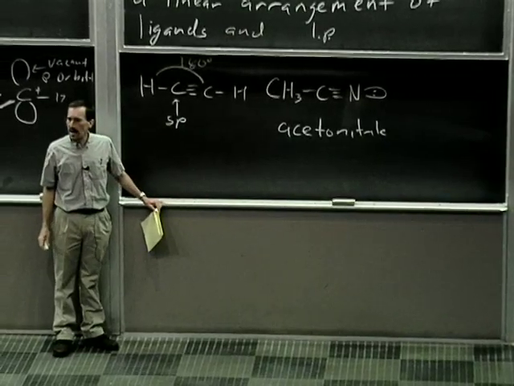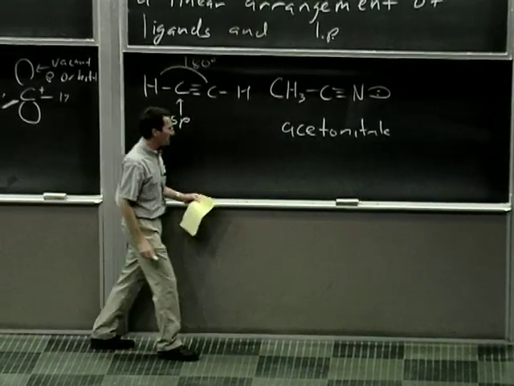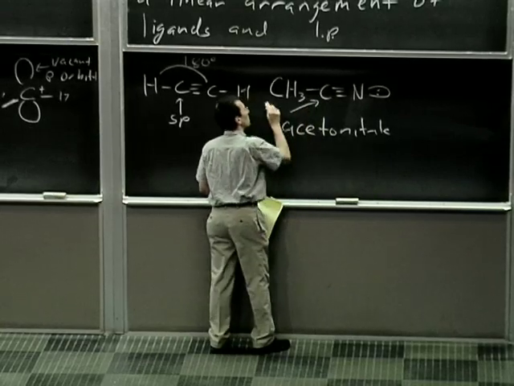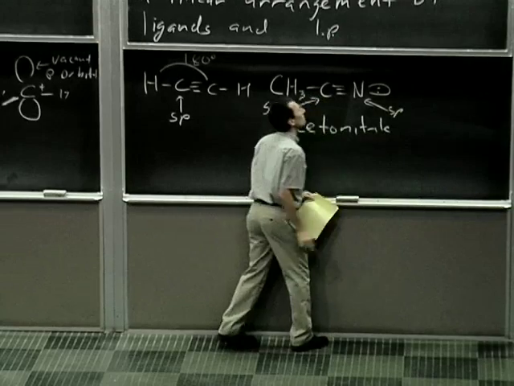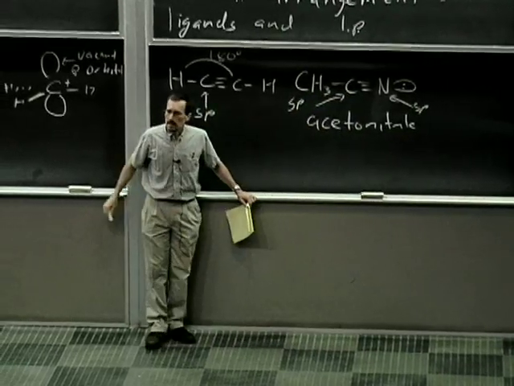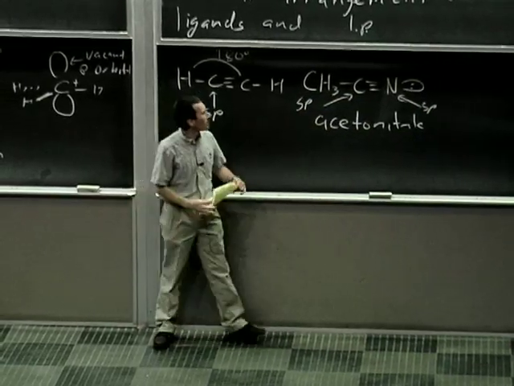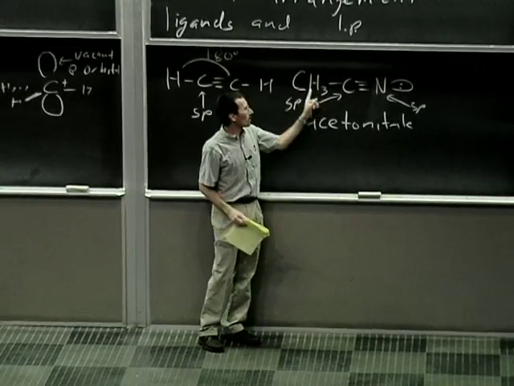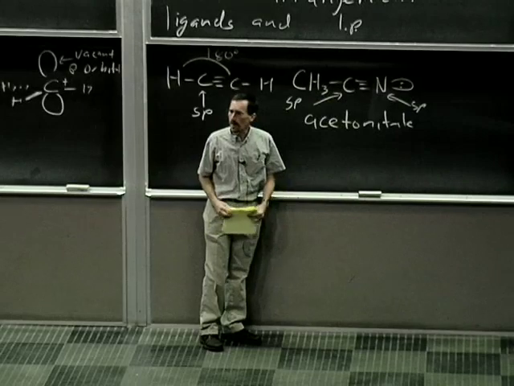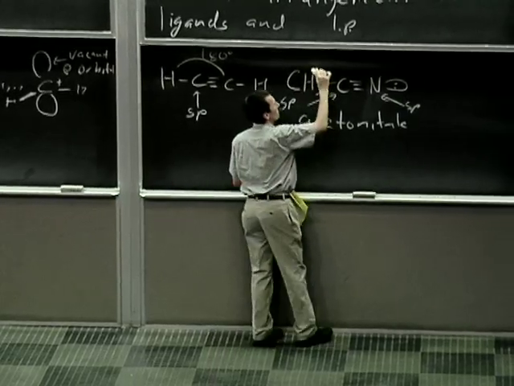The carbon and the nitrogen are sp hybridized. And the arrangement of the bond angle about the central carbon, the carbon-carbon-nitrogen bond angle, is 180 degrees.